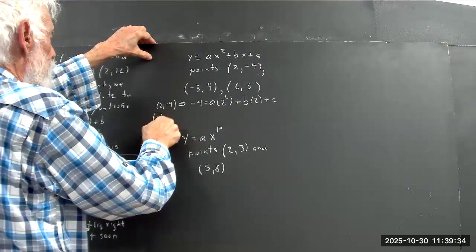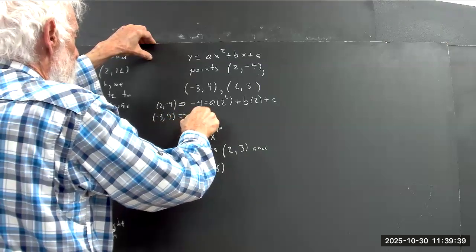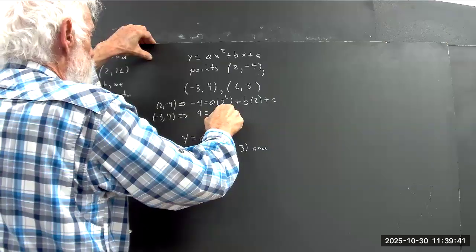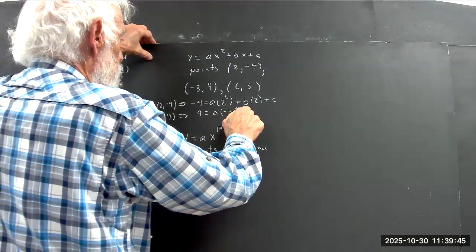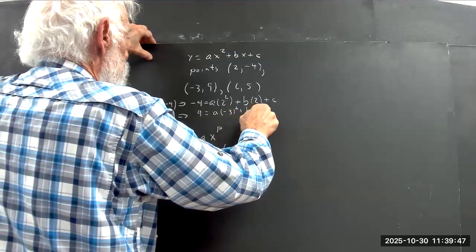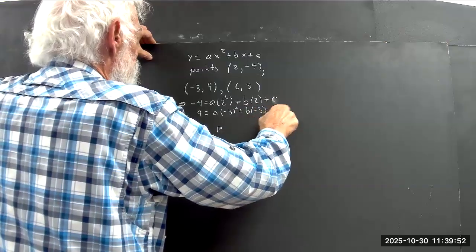Point -3, 9 tells us that 9 equals a times -3 squared plus b times -3 plus c.